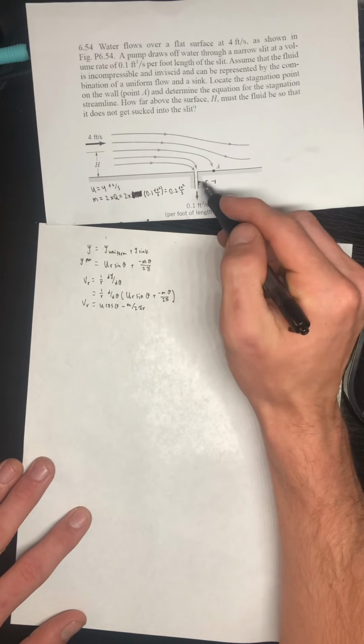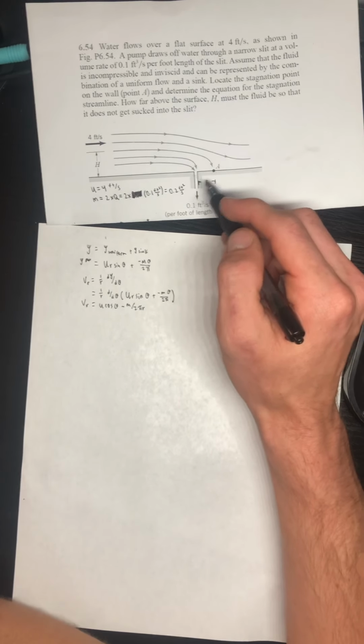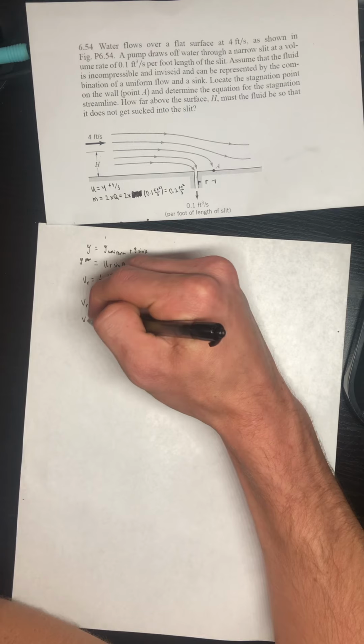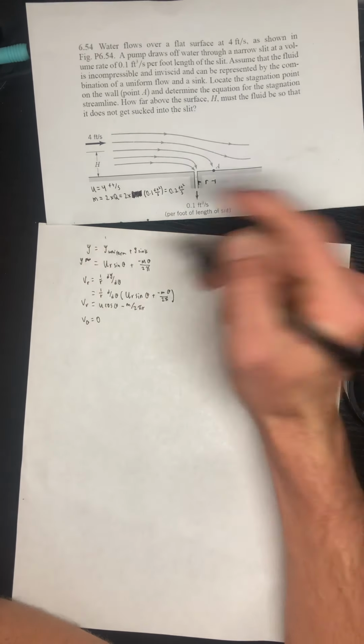Now, because we know this is a sink and uniform flow, we know that our V theta is actually equal to 0.